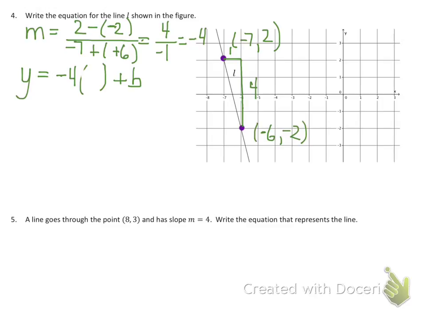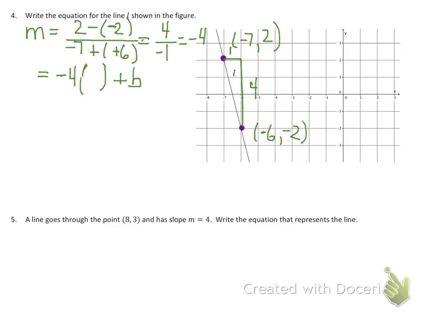So this is negative 7. And for that y, negative 7, x is backwards, right? You're yelling at me right now. The y, okay.